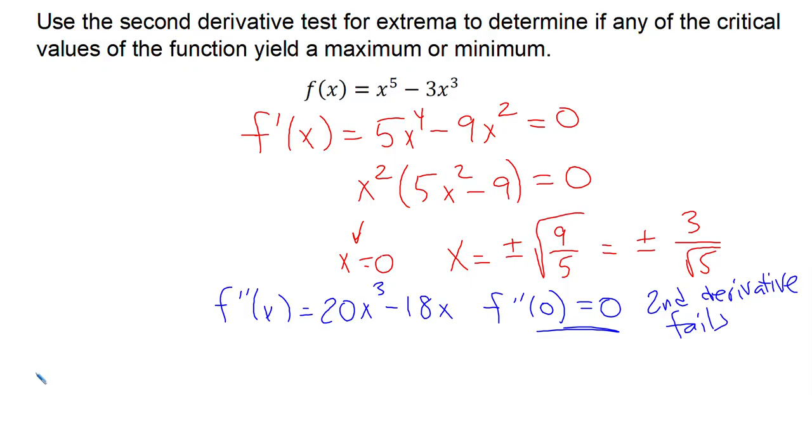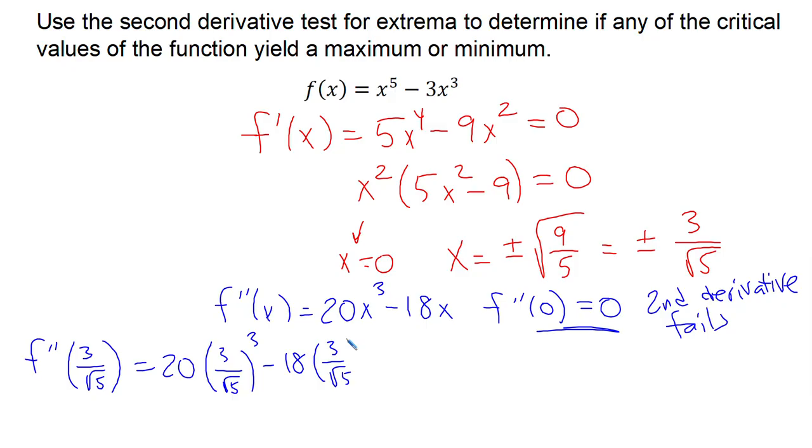So now we'll find f double prime of 3 over root 5. If I do that, we're going to do 20 times 3 over root 5 cubed minus 18 times 3 over root 5.